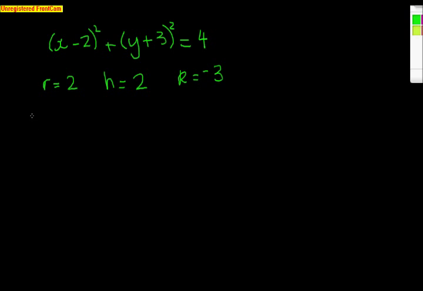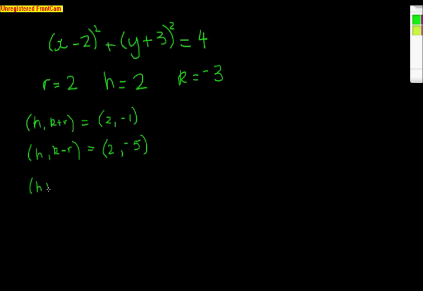With our 3 values, we can find our points. The first point is h, k plus the radius, which is 2, and k is negative 3 plus 2, which becomes negative 1. Then h, k minus the radius: h is still 2, and negative 3 minus 2 becomes negative 5.